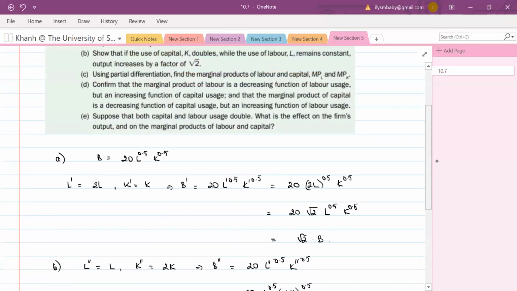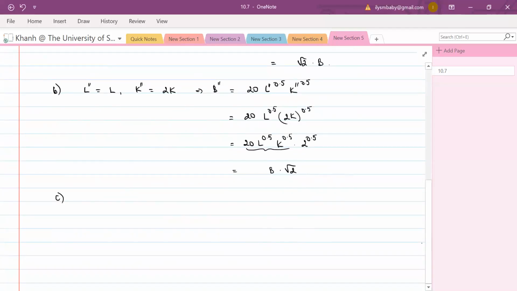Okay, so part C: use partial differentiation to find the marginal products of labor and capital. Marginal product of labor is basically the extra output that one extra labor can produce. So it's just going to be the differential of the production function B with respect to labor.